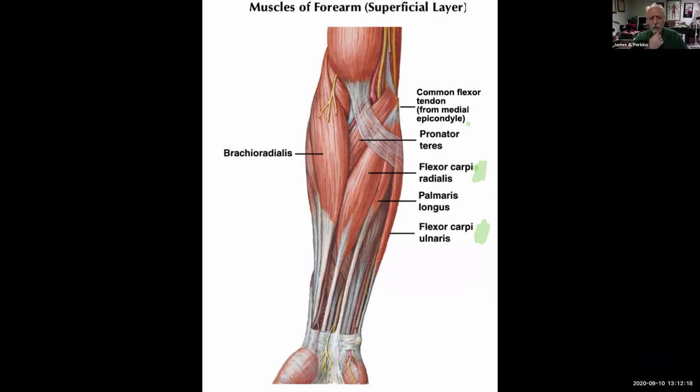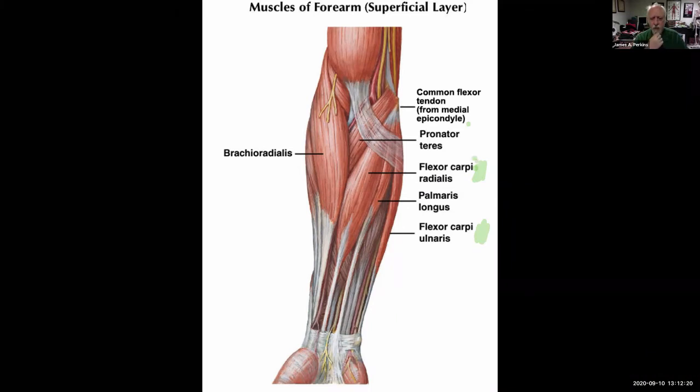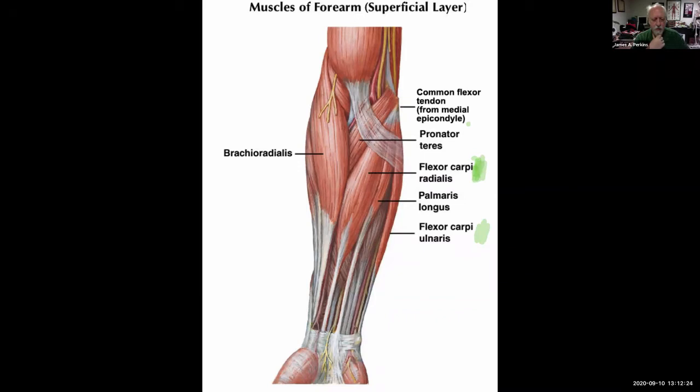So if the flexor carpi radialis were to act all by itself, since that muscle is inserting more on the lateral side of the hand, when you pull up on the lateral side of the hand, it has a tendency to rotate in a lateral direction, which would be abduction with a B of the hand at the wrist joint.